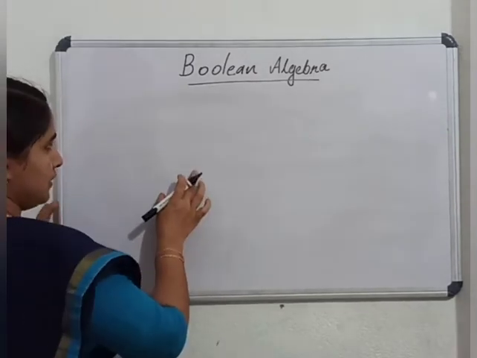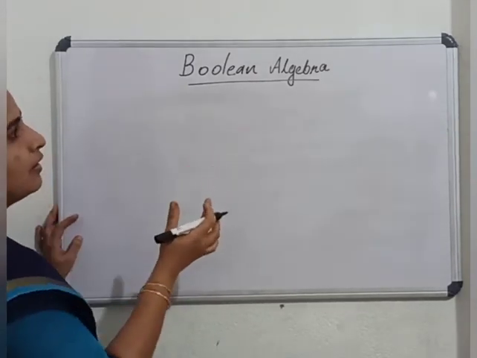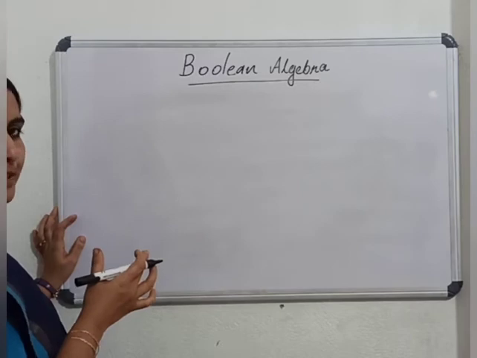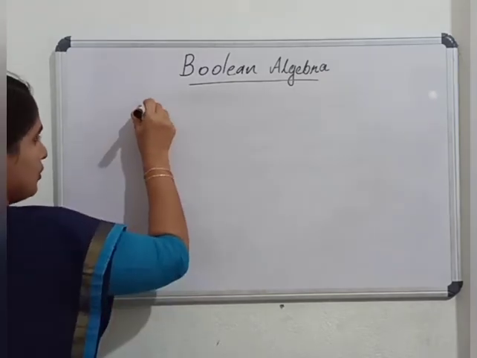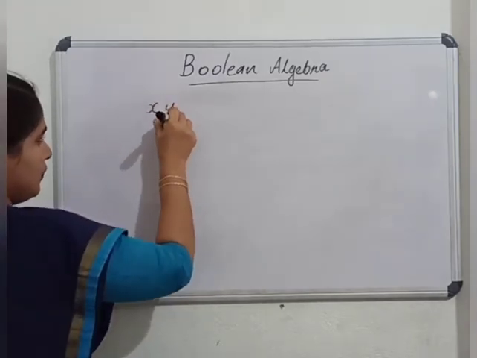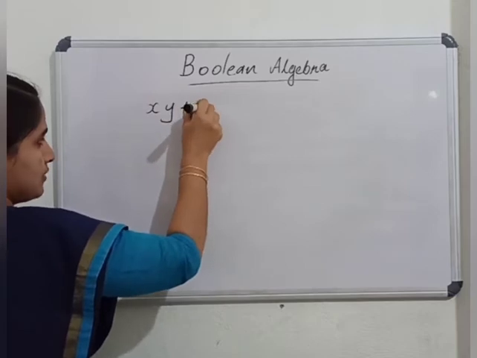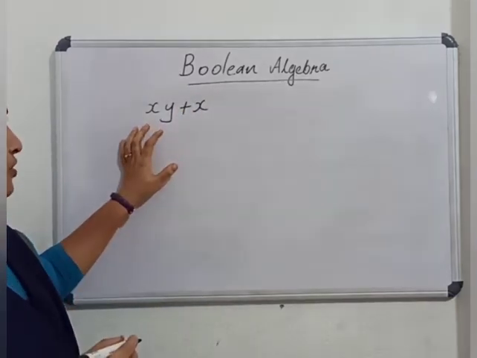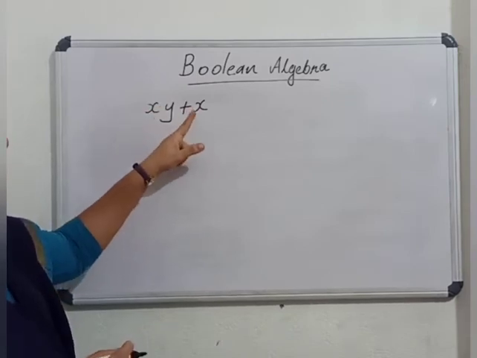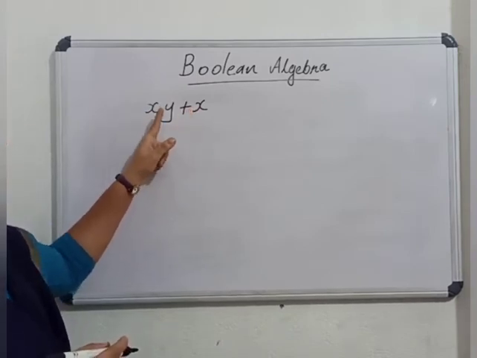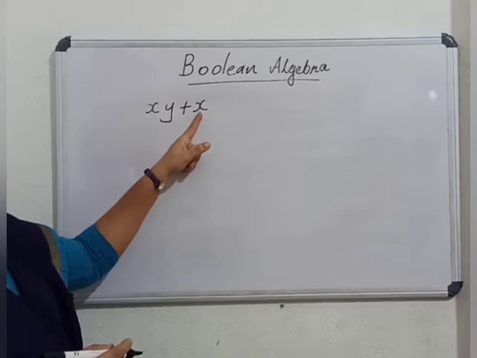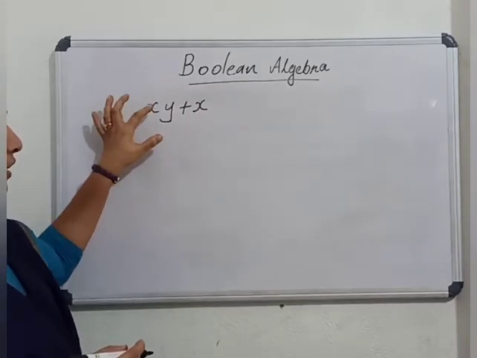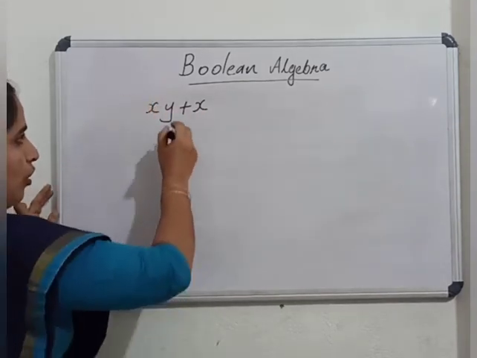Now we can experiment with the truth tables of some Boolean expressions. So, x and y or x. What is this? This is a Boolean expression. This Boolean expression contains how many variables? 1, 2, 3 variables and 2 operators.